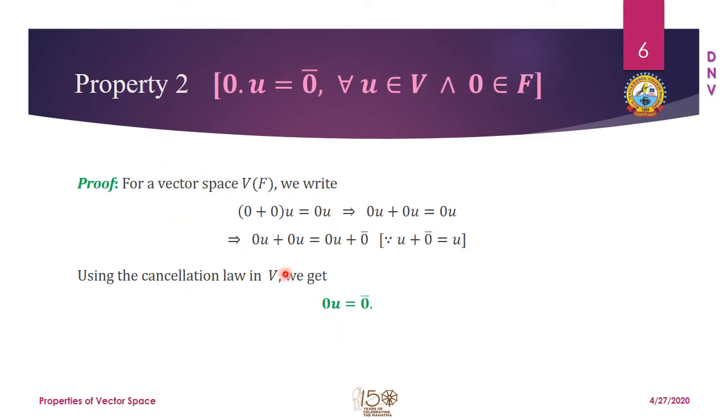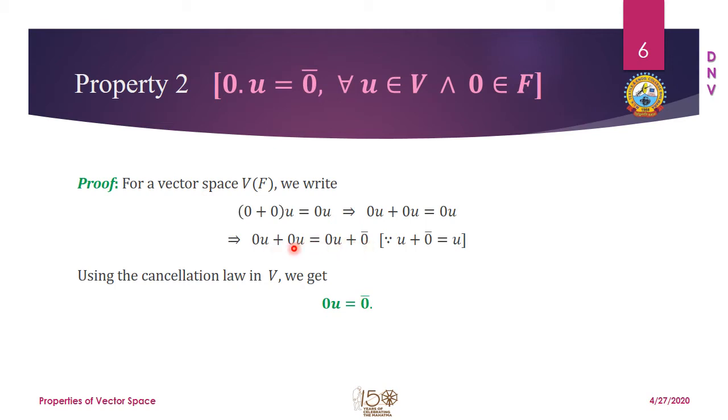Next, we take property number 2. Property number 2 says that if I multiply the scalar 0 by a vector, it gives me the 0 vector. Again, I can use the additive identity of 0 in the field, so that we can write (0 plus 0) into u, and this is equal to 0 into u. This further implies that the multiplication of a vector with the sum of two scalars distributes, so 0u plus 0u equals 0u, and this further implies that 0u plus 0u equals 0u plus the 0 vector.